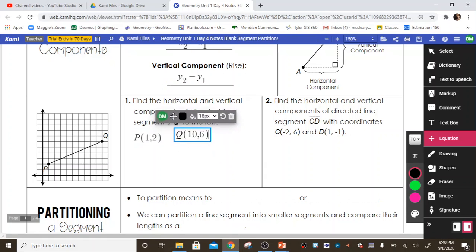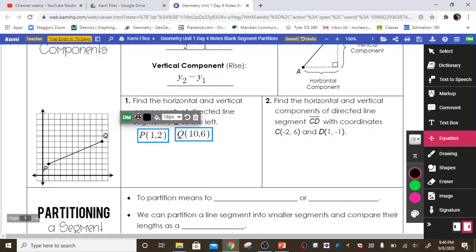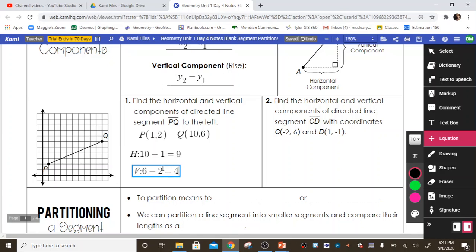Alright, so now that we know our points, we can figure out our rise and our run. So our horizontal component here, we'll just call that H, is going to be 10 minus 1, which is going to equal 9. And then our vertical component, we'll call that V, is going to be 6 minus 2, which is going to equal 4.